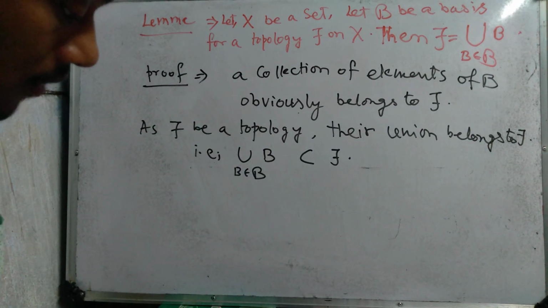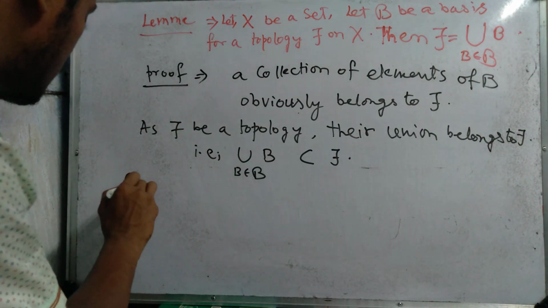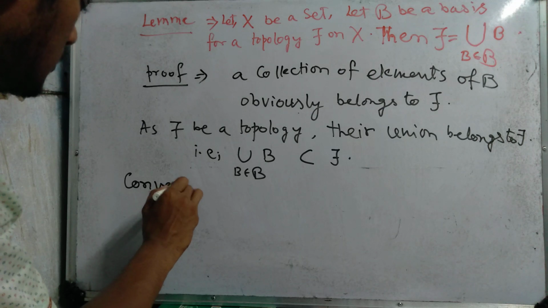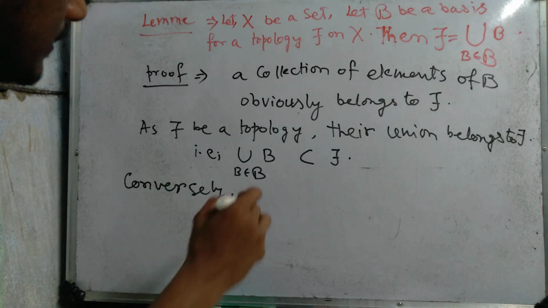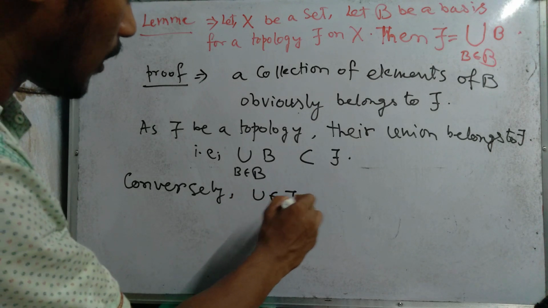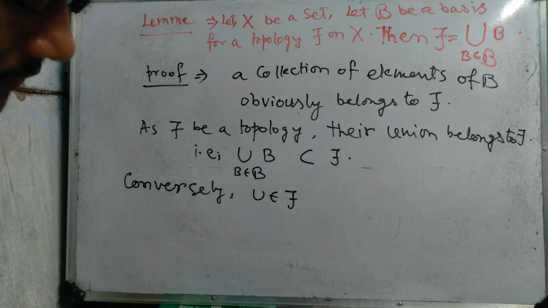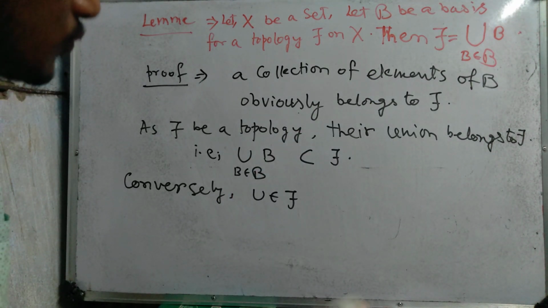Now conversely, we take U belonging to tau. That means some open set belongs to tau.